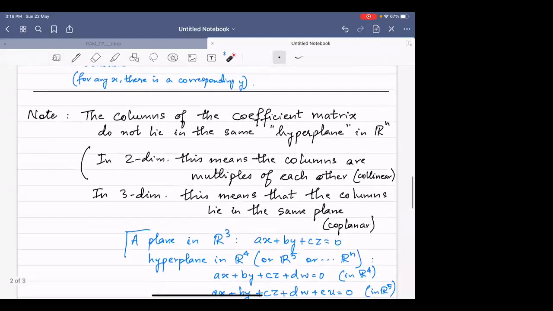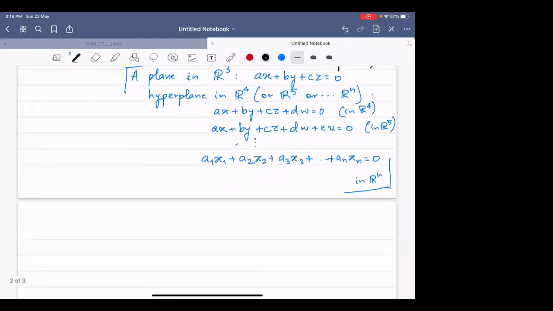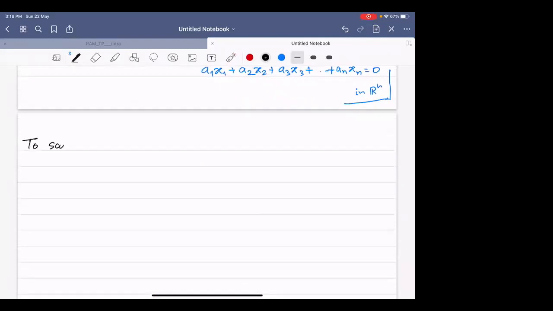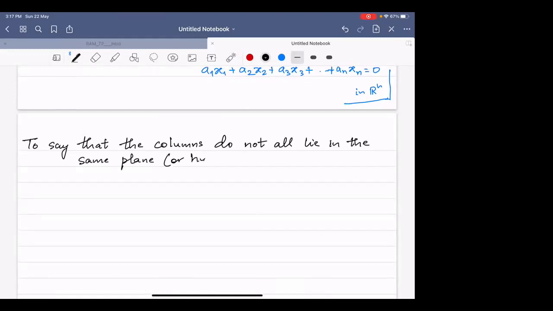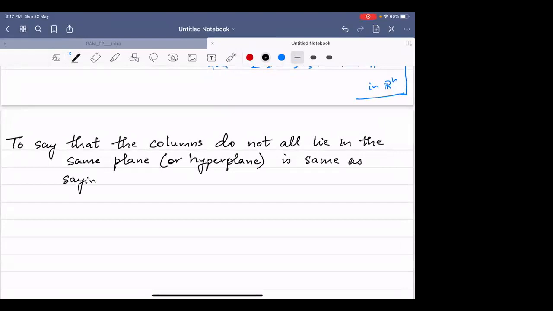So I will just state that. To say that the columns do not all lie in the same plane or hyperplane, whatever it may mean, is the same as saying that the columns are linearly independent.